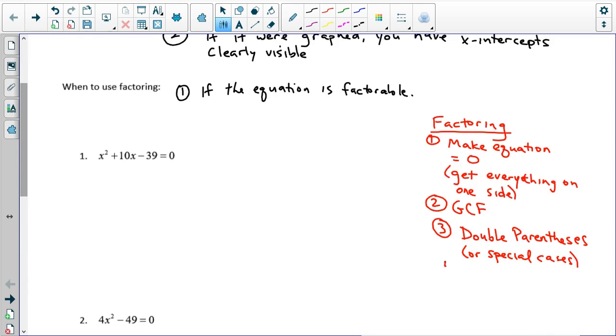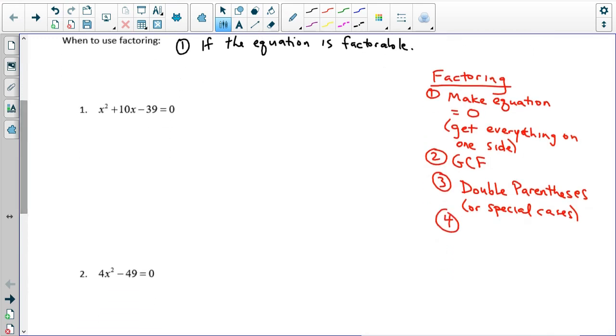And then the final thing when we're solving that we didn't talk about in another factoring video that we may have had earlier, when we're solving, we want to use the zero product property.